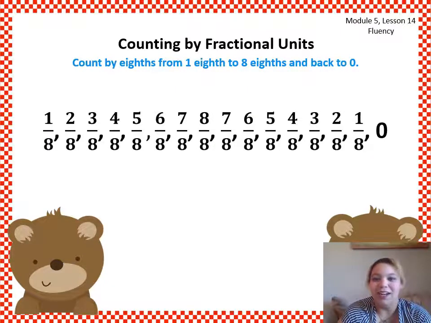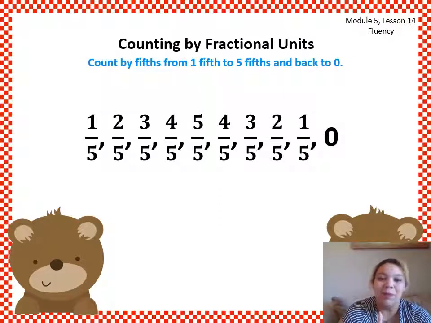Awesome job. Let's do it again, but this time we're counting by fifths. Ready? 1, 2, ready, go. 1/5, 2 fifths, 3 fifths, 4 fifths, 5 fifths, which is the same as 1 whole. Reverse. 4 fifths, 3 fifths, 2/5, 1/5, 0. Very nice job.